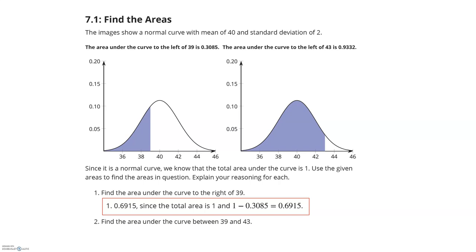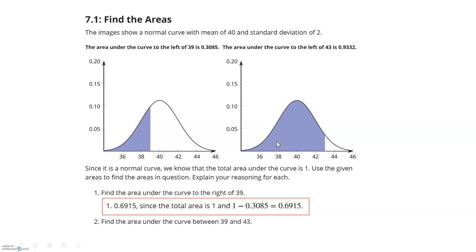So you already know that the left of 43 is 0.9332. But you also know what is the area to the left of 39. So you just want to know what is the chunk right here. And you already have the chunk to the tail to the left.